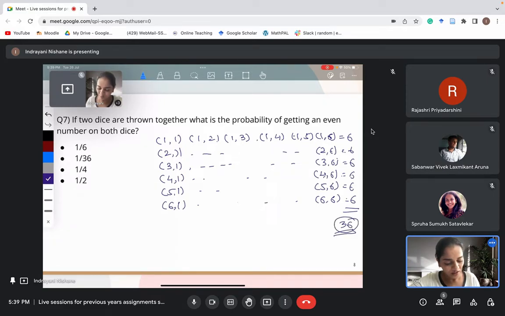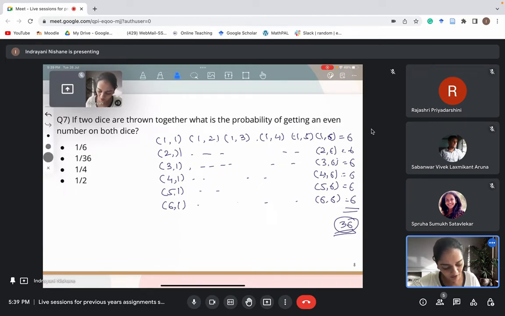So we are varying the value of the first dice, that is 1, and then 1 to 6 values, then 2, then 1 to 6 values. Likewise, there will be 6 values in each of the rows. So in total we have 36 values of all the possibilities listed. So now we are supposed to find out of these 36 cases, how many will have the same number on both the dice.